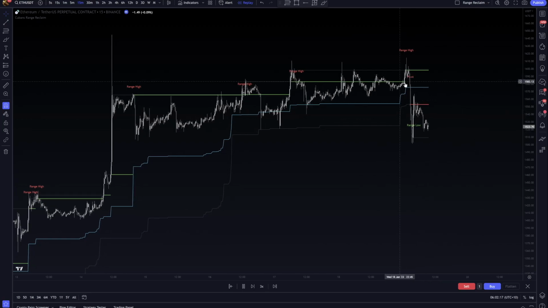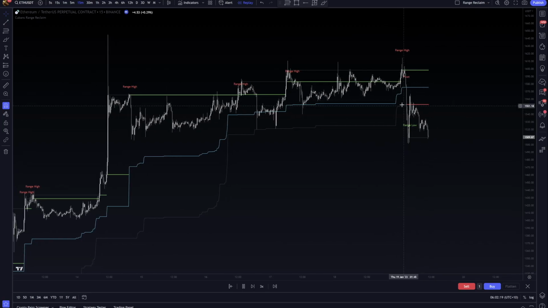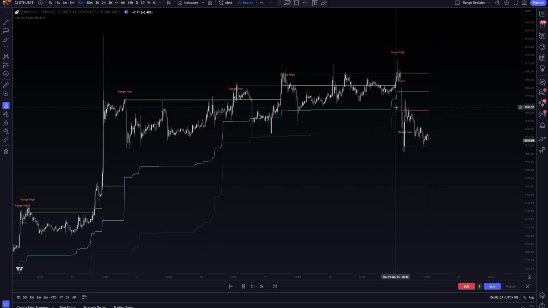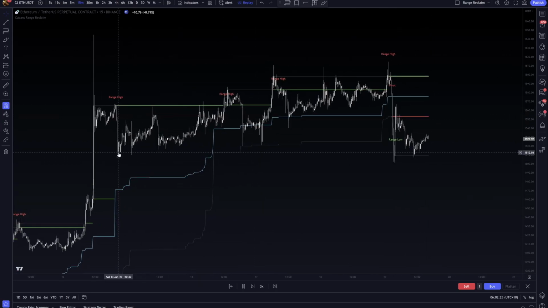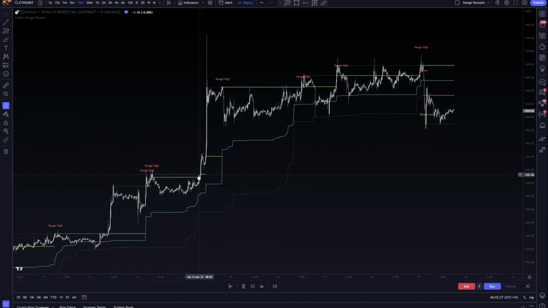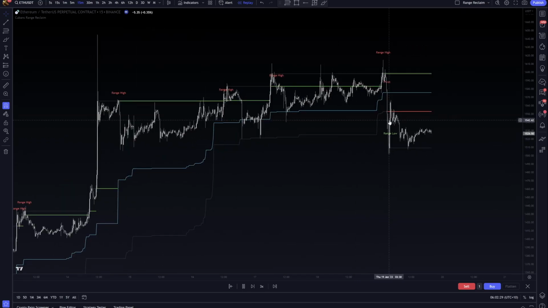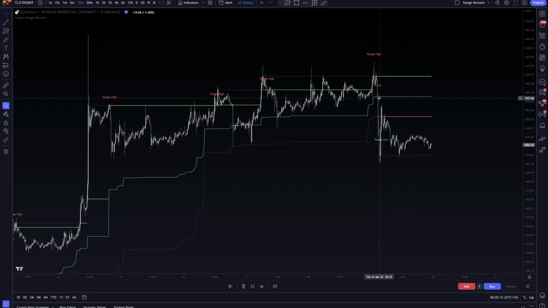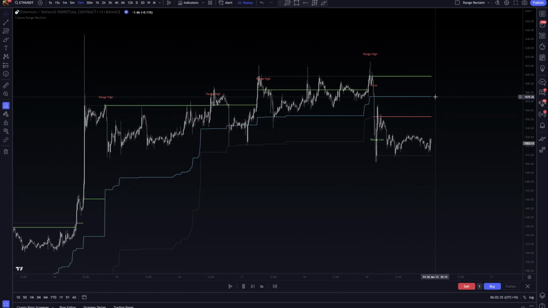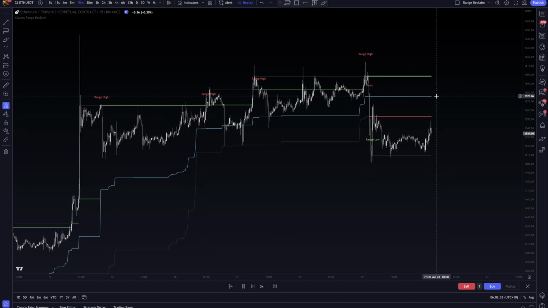Now remember, we said that this red pivot is a change of the environment here. We might expect this now to run some further lows or even come back further down towards these range highs. Generally, when price starts trading this far below that reclaim midline, we can expect a different change in behavior here.